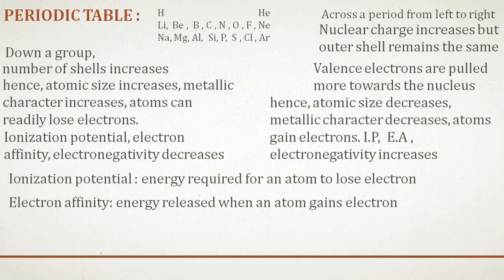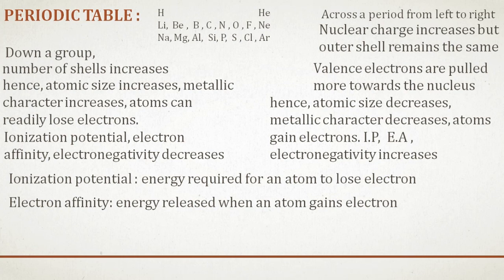For the definition, you can always consult your textbook. You can write this using this key phrase. Electron affinity is what? Energy released when an atom gains an electron. So ionization potential is energy required, but in the case of electron affinity, it is energy released when an atom gains an electron. Now, say hydrogen has only one electron. Lithium has 3 electrons: 2, 1. Sodium has 2, 8, 1, that is a total of 11 electrons.